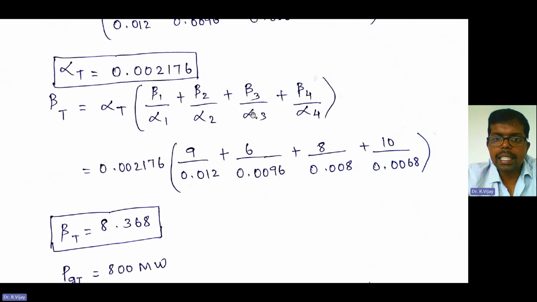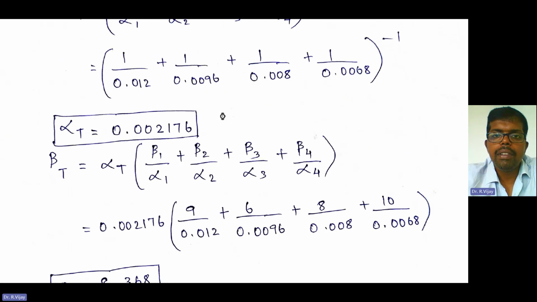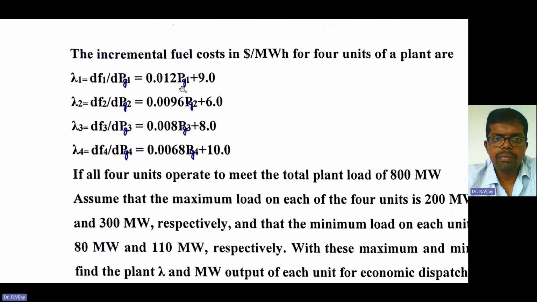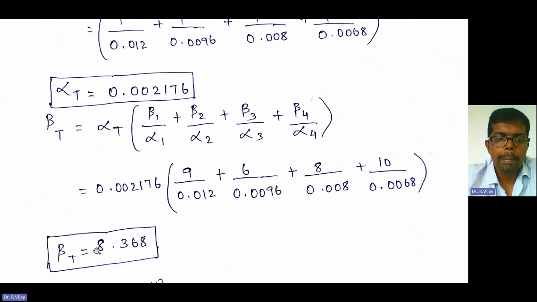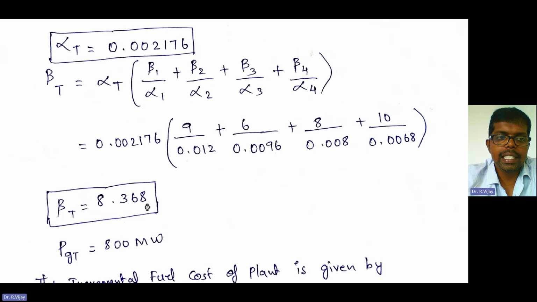Where these alpha and beta values come from, we have already seen. This is the alpha 1 beta 1 that we need to substitute here, and we need to find out the beta. Beta t is 8.6368. That is the beta t.